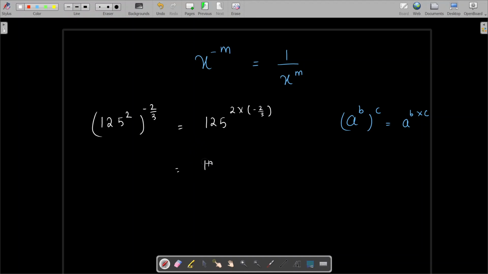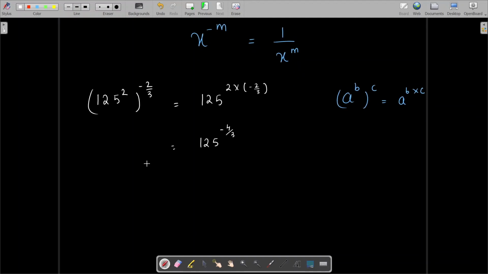So this becomes 125 raised to negative 4 over 3, and now we have a negative exponent. So in order to make it positive, we'll have to take the reciprocal. So this becomes 1 over 125 raised to 4 over 3.